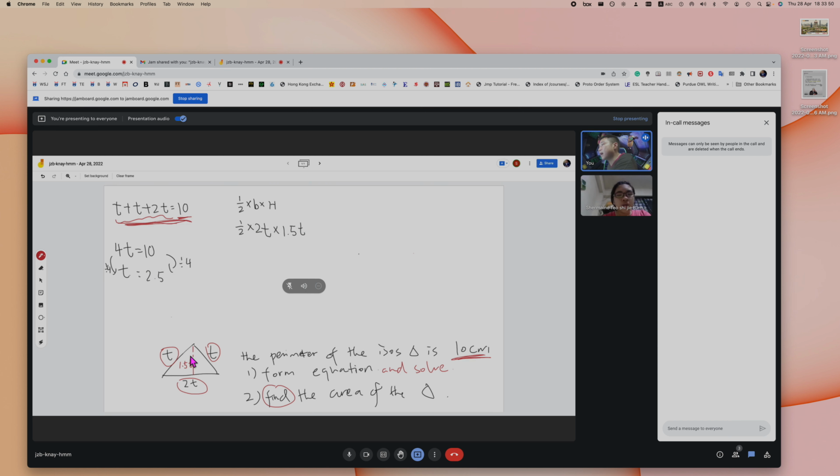So you don't make a mistake, the height is 1.5t. Okay, good. Then now you put in the t. Now only you put in the t to this expression. And then after that you use your calculator. Just let your calculator do the calculation for you.